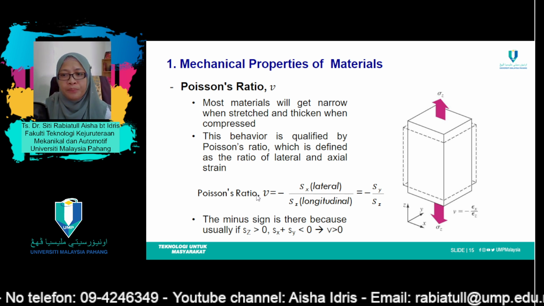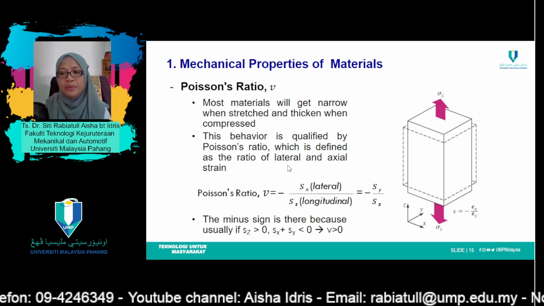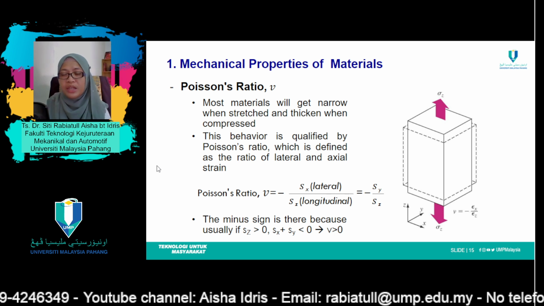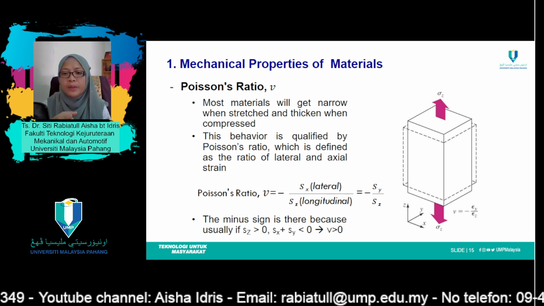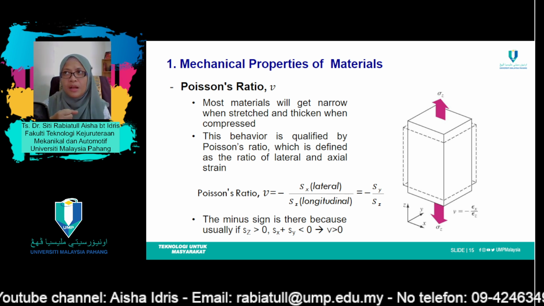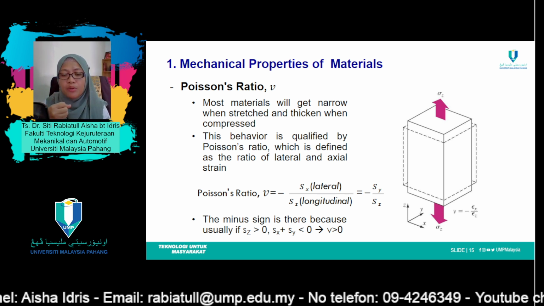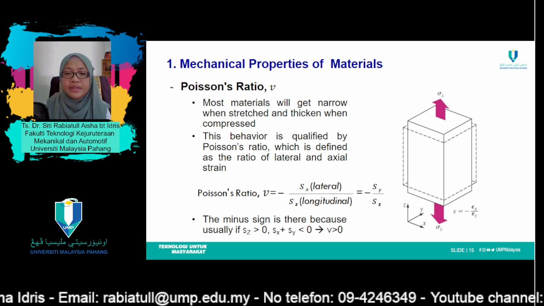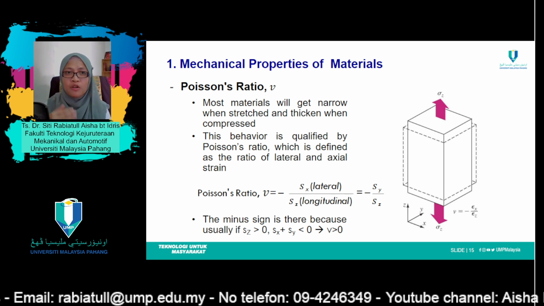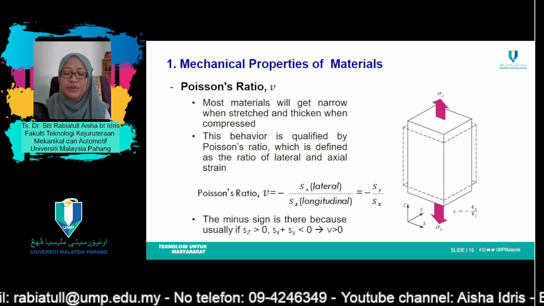And if I take an example of a rubber with a cylindrical shape, and then I pull it outward, you'll see that the dimension of the cross-sectional area of that rubber will be decreasing.